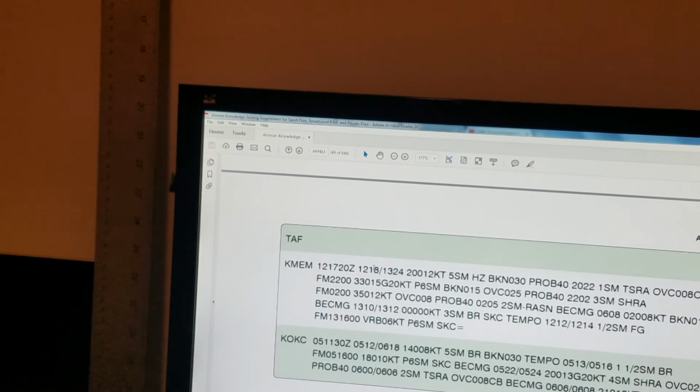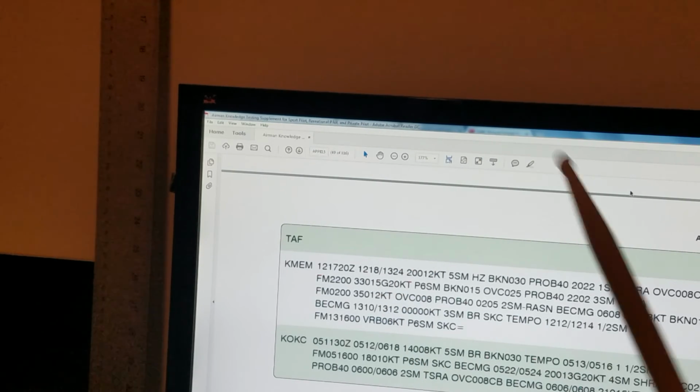Yes, I need to correct this. This TAF was issued on the 12th, 17:20 Zulu, but it's valid from the 12th at 1800 Zulu to the 13th at 2400 Zulu.